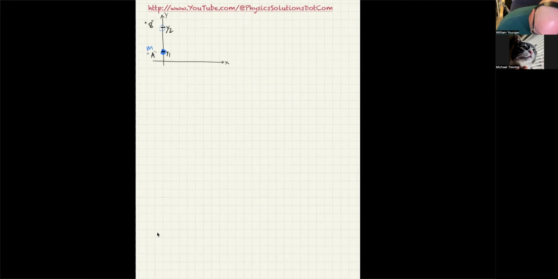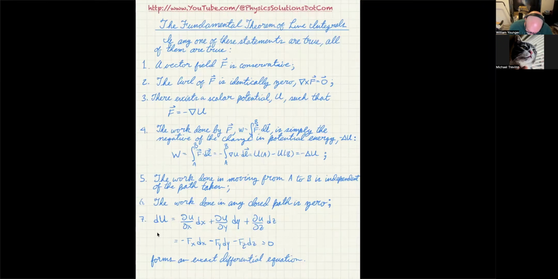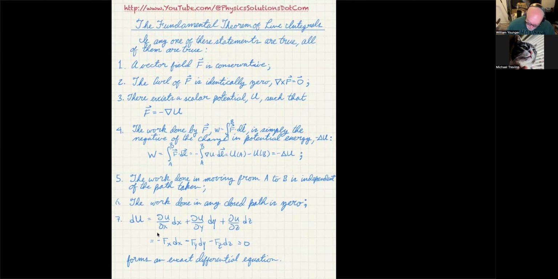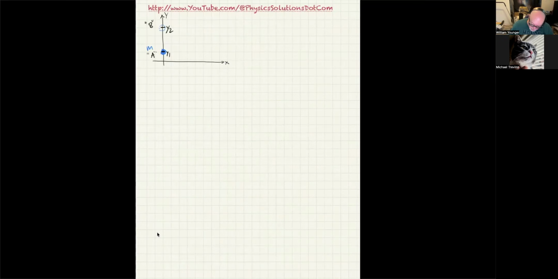And what we want to do is use our theorem that we just learned about. And that theorem says the work done by F is simply the negative of the change in potential energy, negative delta U. So we're going to do that. Now, we're going to imagine that we apply just a big enough force to make it move upward.